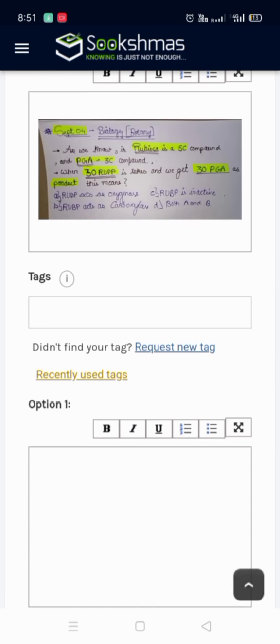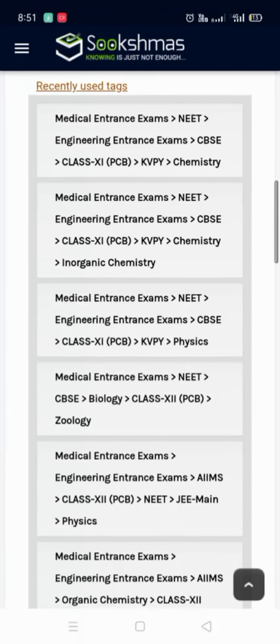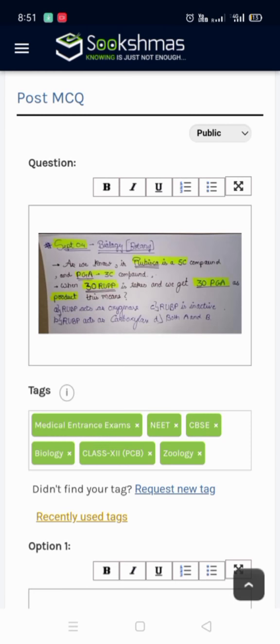Now we have to set the tags for this question, so that if any individual student searches for this question, he can find it over here. I have some recently used tags. So I will go over here: medical entrance exam, NEET, CBSE, biology, class 12, PCB.